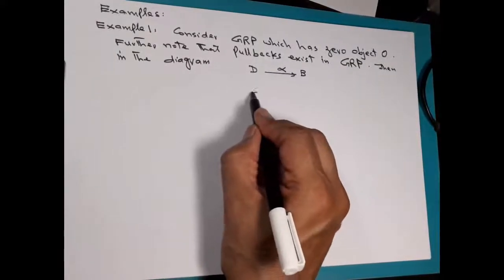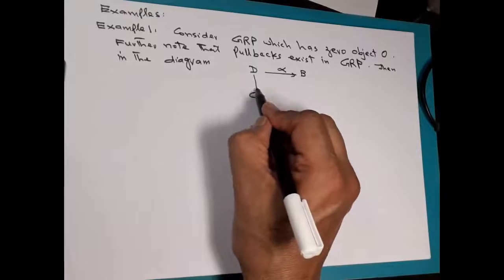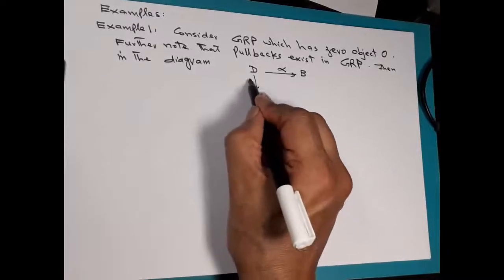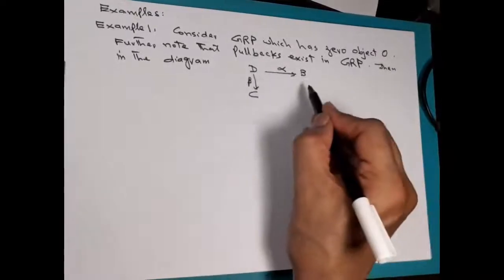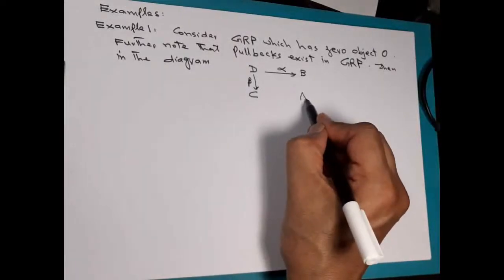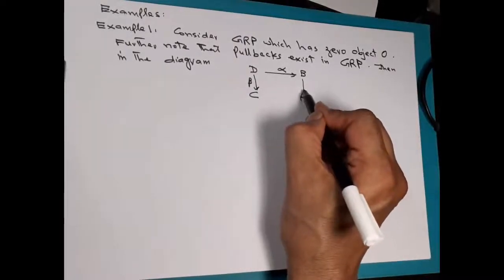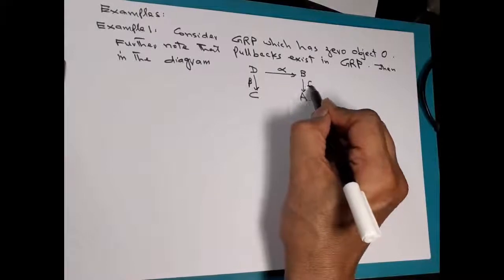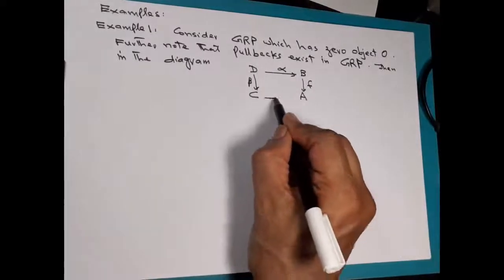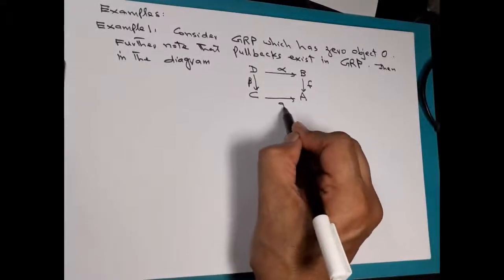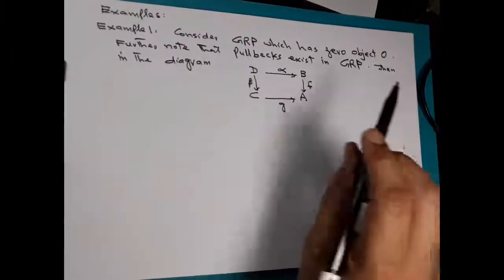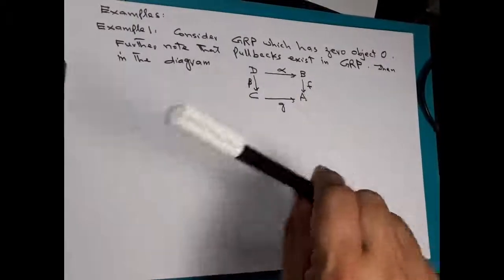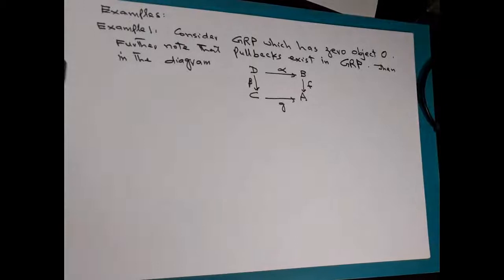Then we have morphism from D to C, which is beta, and then we have object A and morphism from B to A, which is F, and then morphism from C to A, which is G. So this is the diagram we have defined as pullback diagram, provided that the universal arrow condition is satisfied.